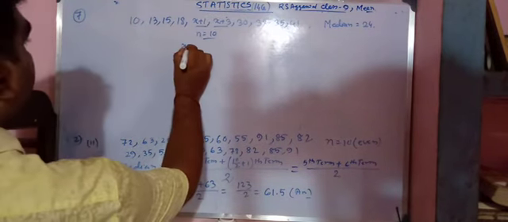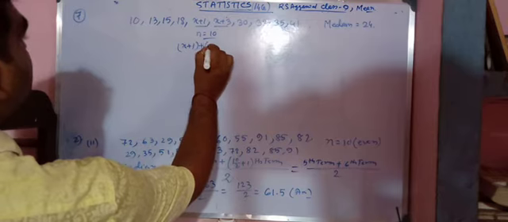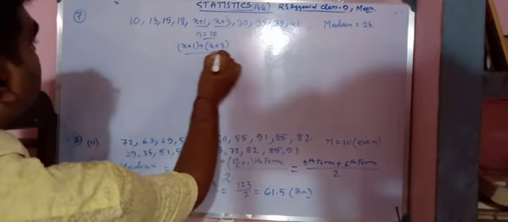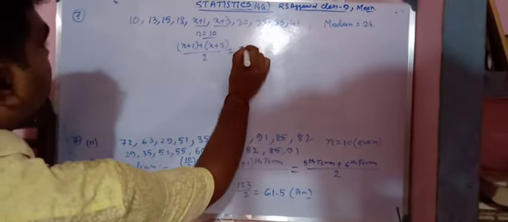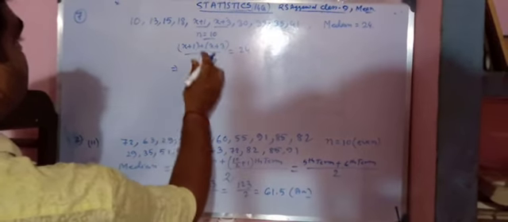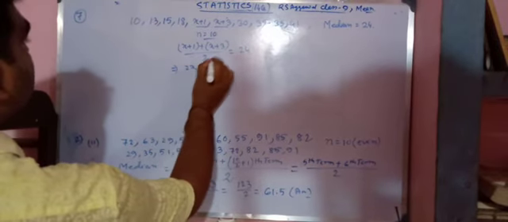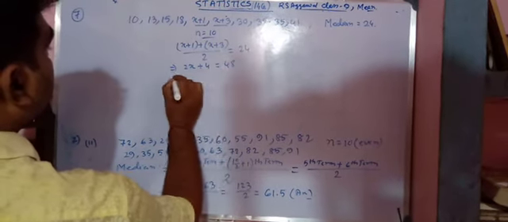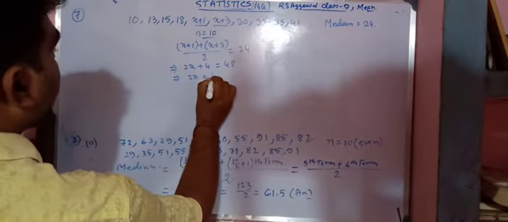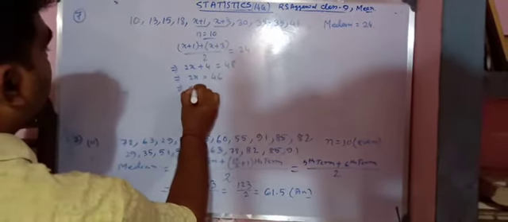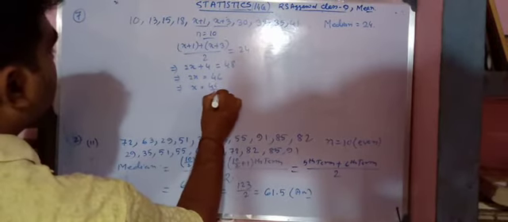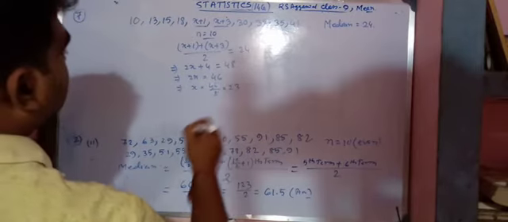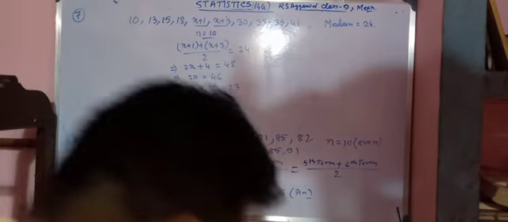So x plus 1 plus x plus 3 by 2 equals 24. That is 2x plus 4 equal to 48. That means 2x equal to 46. So x equal to 46 by 2, that means 23. So 23 should be my answer.